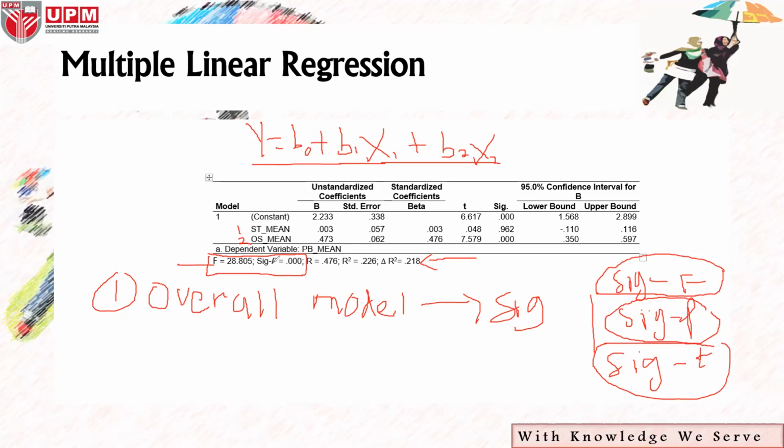If the significant value is larger than alpha of 0.05 or 0.01, the model is not significant. So now, since our significant F value equals 0.000, is it lesser or larger than alpha 0.05? Less. Less than 0.05. So therefore, our model is?